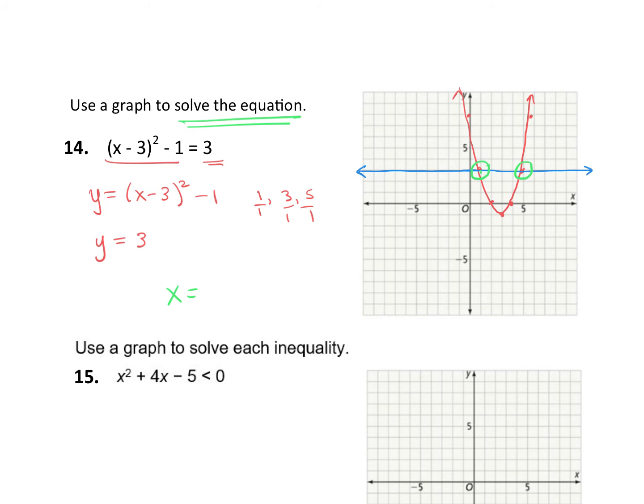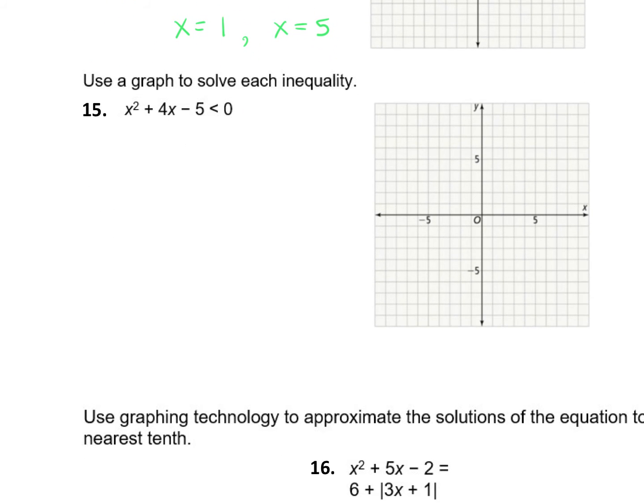So if I go to the point and go straight down to the x-axis, I can see that x is equal to 1. Find the other intersection point, go straight down to the x-axis, x is also equal to 5. So even though these are ordered pairs where the two functions intersect, it's the x value of the ordered pair that gives us our solution over here.